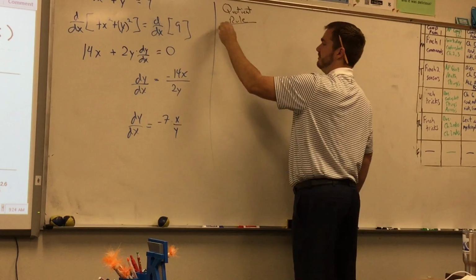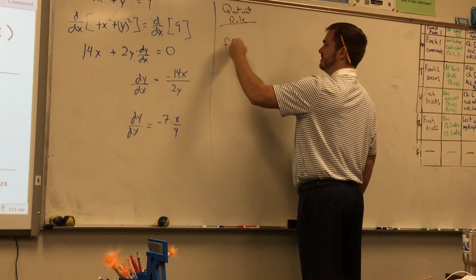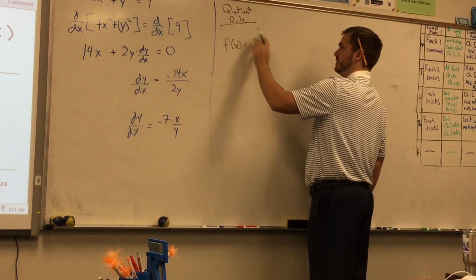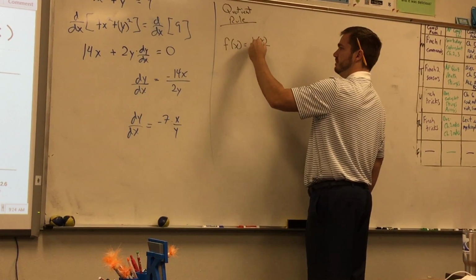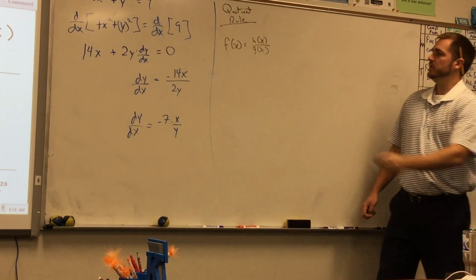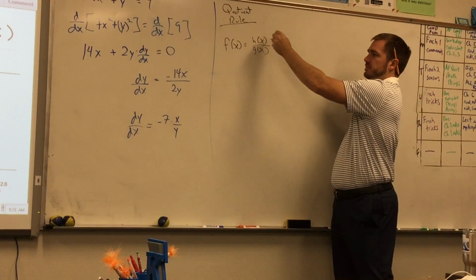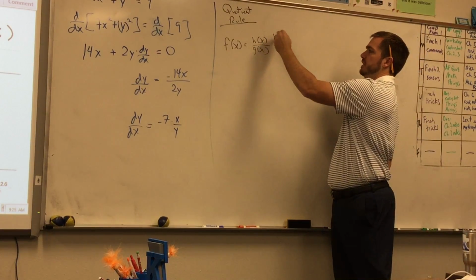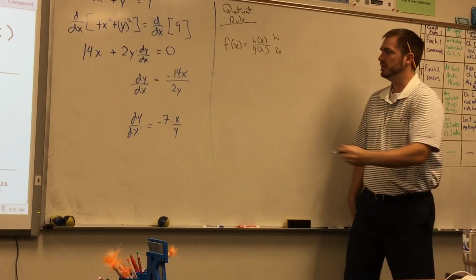Derivative of denominator times the numerator minus the derivative of the numerator times the denominator, over the denominator squared. So you can think of it as when you have a function over a function. I call this one high and I call this one low.